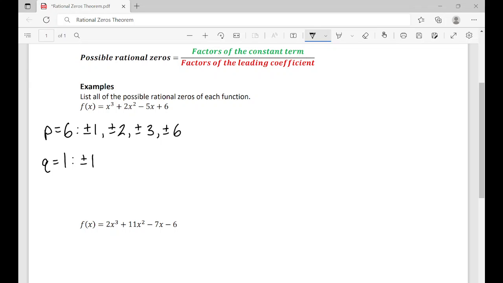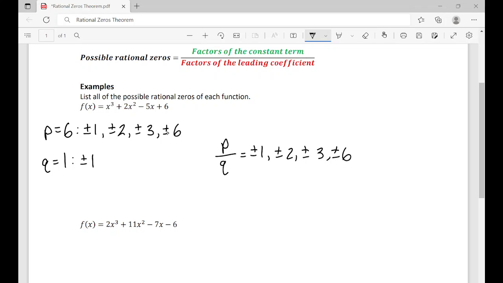So all the possible rational zeros are going to be written as the quotient of p divided by q. And it's usually best to start off by listing all of the factors of p. So plus minus 1, plus minus 2, plus minus 3, plus minus 6. And this is because q is always going to have a factor of 1.